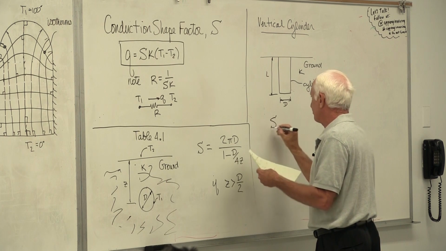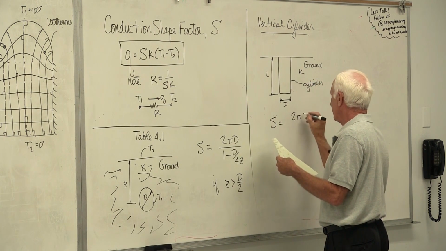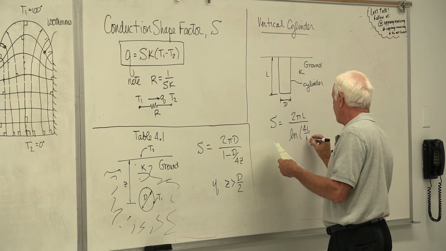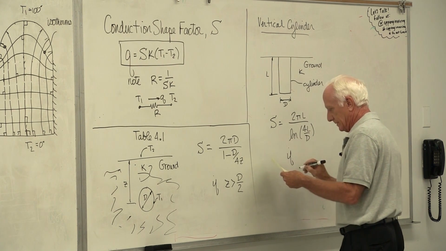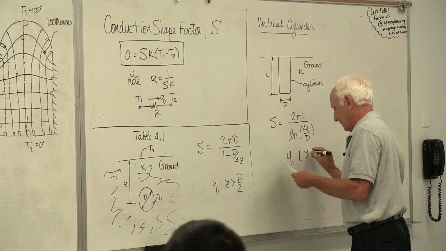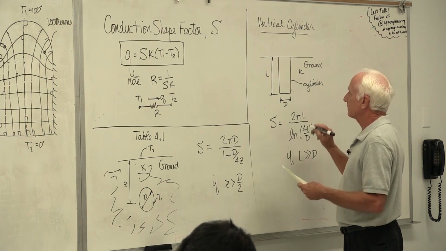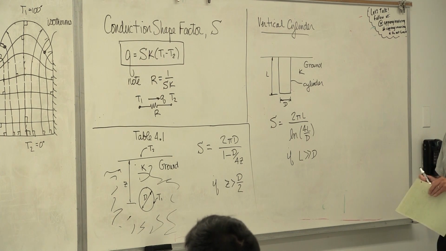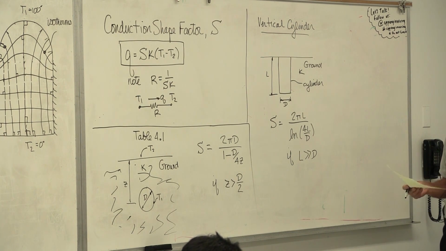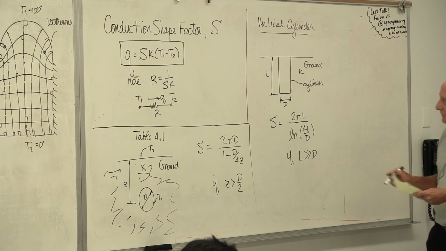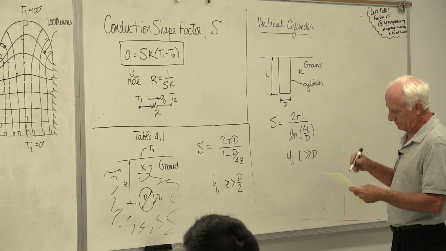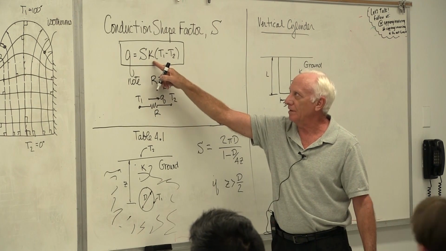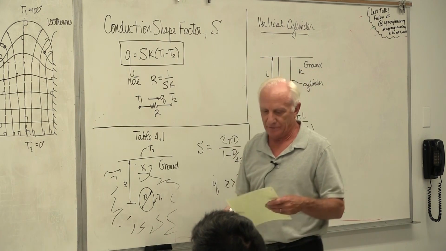Capital S is 2 pi L over natural log of 4L over D. Only use this if L is much greater than D, the height much greater than the diameter. If you do that, there's S. Take that S, put it in here, multiply by K of the ground, T1 minus T2, you've got Q.